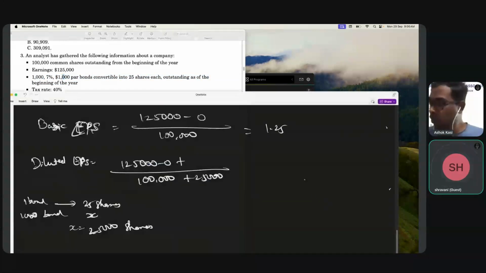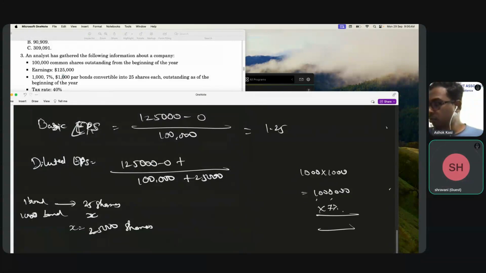So the total bonds value will be 1,000 into 1,000, which comes to 10 lakhs, or 1 million. From this, 7% is 70,000. So 70,000 you are going to save. But when you save 70,000, you have to pay more tax, at 40%, so you will save only 60% of that 70,000.